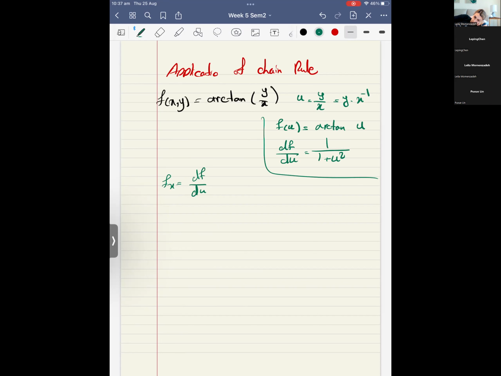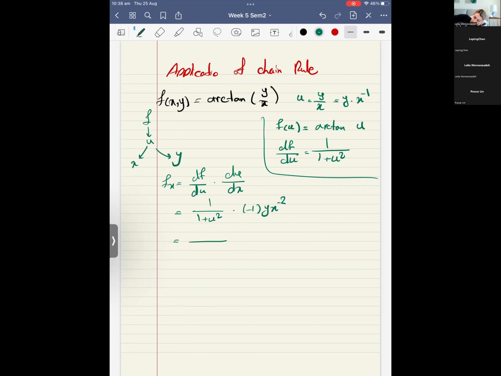Okay, from here, now fx is equal to df over du times du over dx. Do you remember the chain rule? If you have f here, you have u here, then x, then y. df over du times du over dx would be equal to 1 over 1 plus u squared times minus 1 y x to the power minus 2.